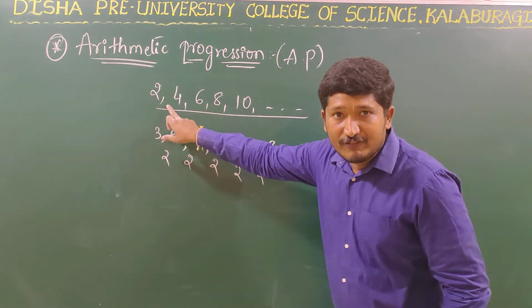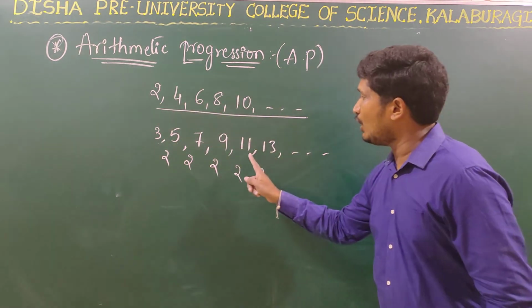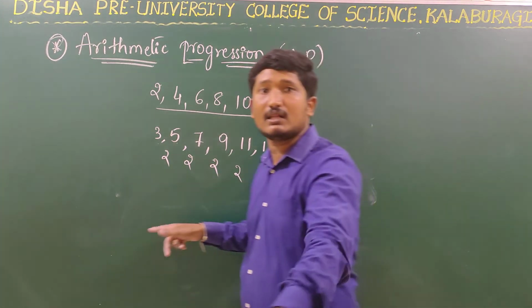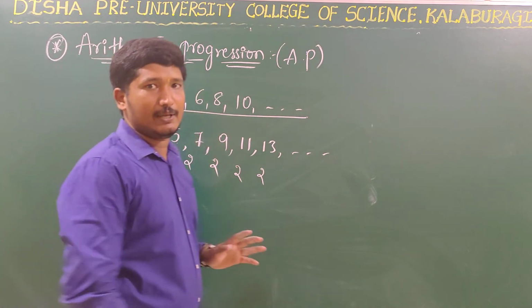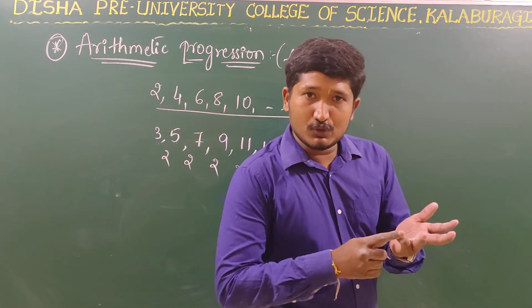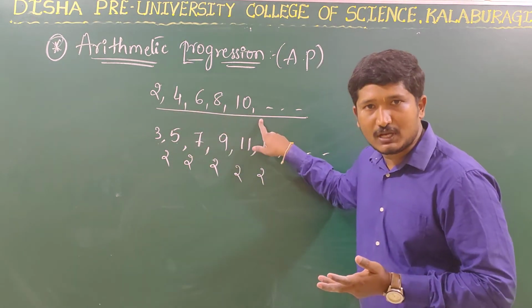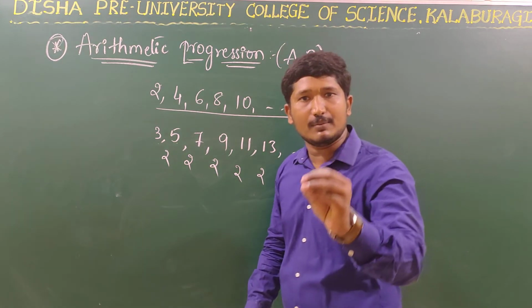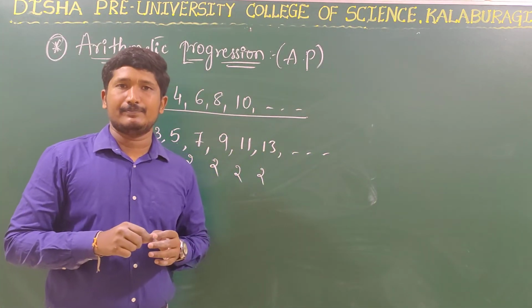You are adding a fixed number to the given arithmetic progression, and the obtained sequence is also an arithmetic progression, right? In the same way, if you subtract a fixed number from each and every term of the arithmetic progression, the obtained progression will be an arithmetic progression. There will be no change in that.